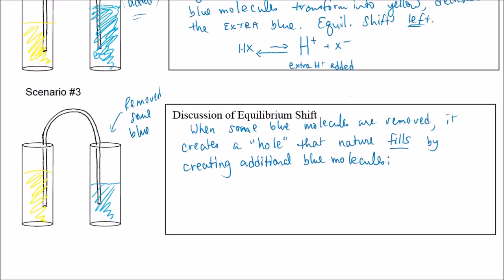So this is a shift in equilibrium to the right. We can illustrate that with arrows. So now the arrow pointing from left to right is bigger than the arrow pointing from right to left. By removing the blue, we essentially made it unlikely for molecules to go from right to left, and therefore the net shift will be to the right. So I can write that in words here. Equilibrium shifts to the right.